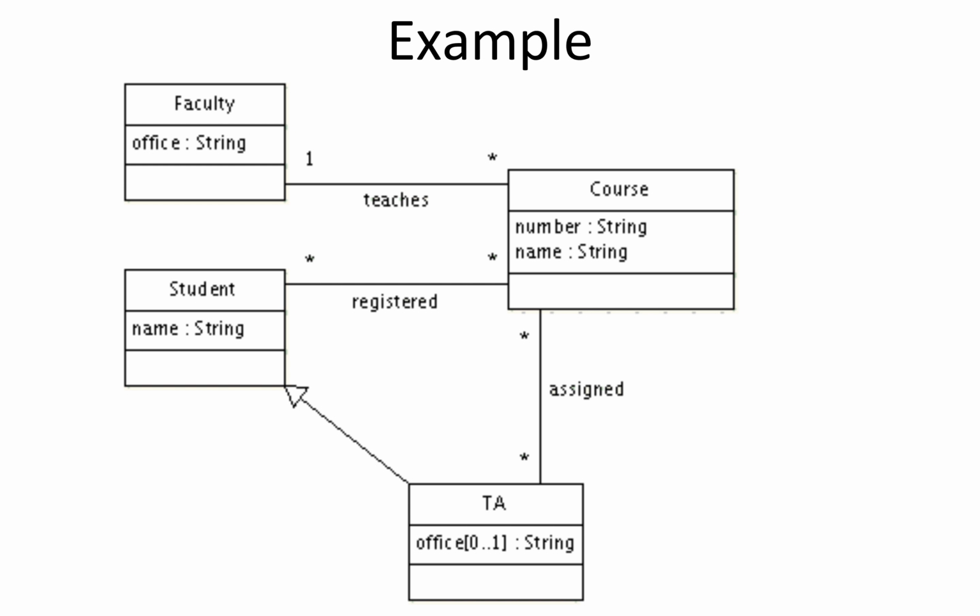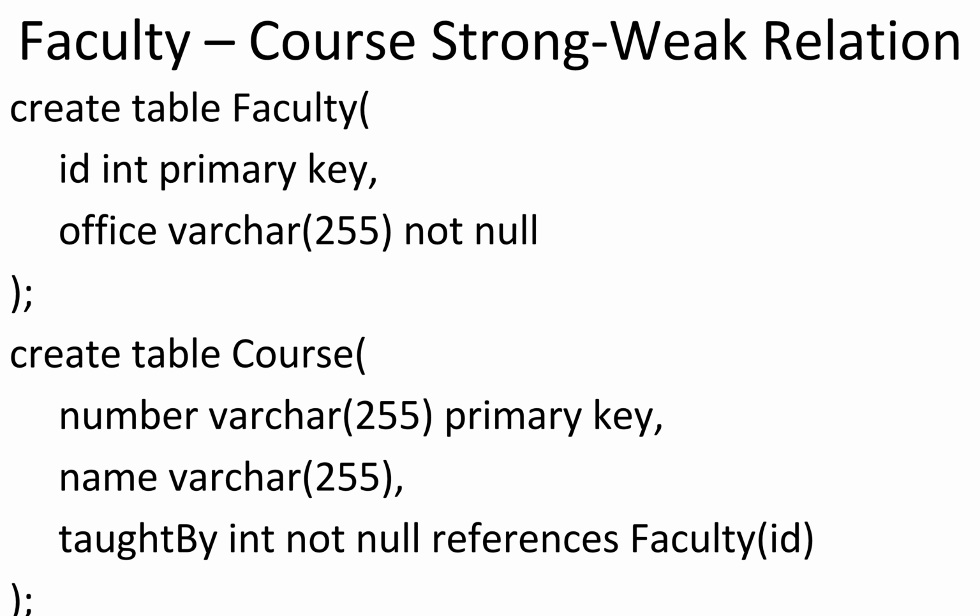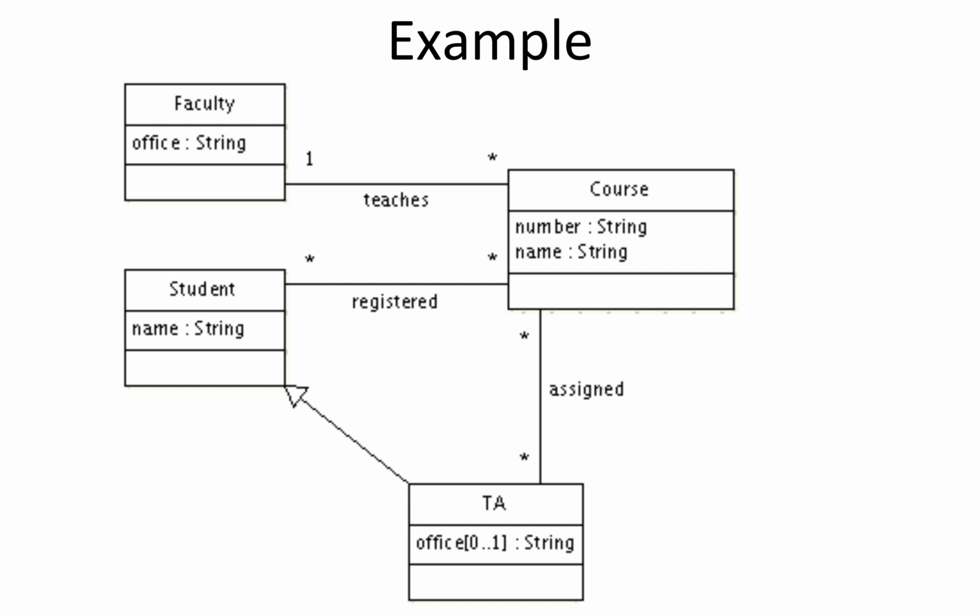So course, notice that it has a many-to-many relationship between students, and also has a many-to-many with TAs over here. Yes, and the TA is a subclass of the student class. So let's take a look at that. So we have the course table all by itself, right?